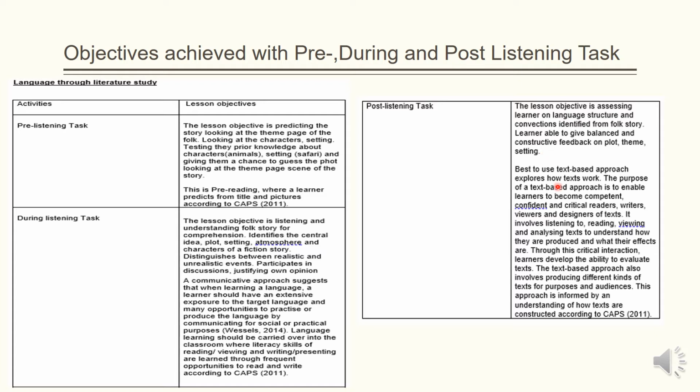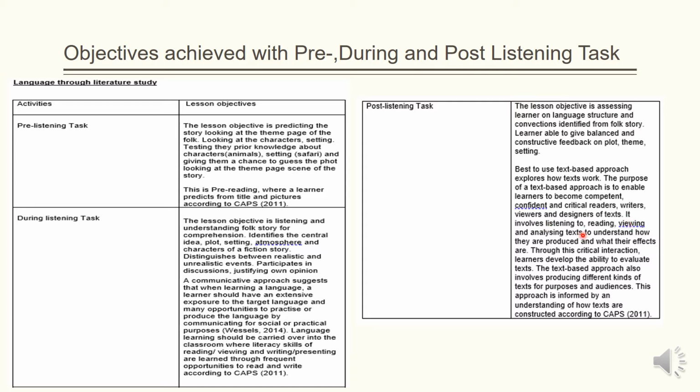Now it's best that you use a text-based approach for this type of post-listening, because it has the purpose of enabling the learner to be confident and competent, and to be critical readers, writers, and viewers of the language within the text.